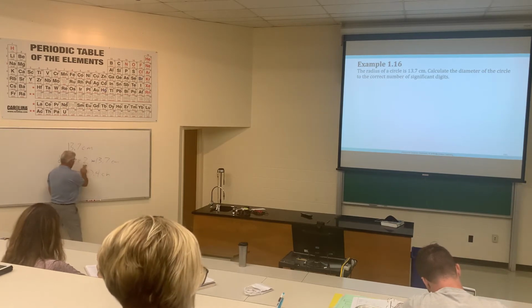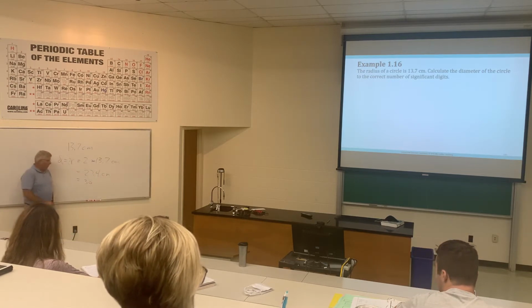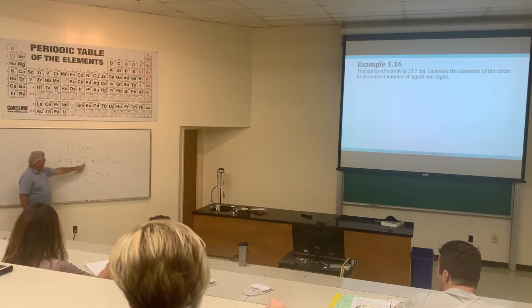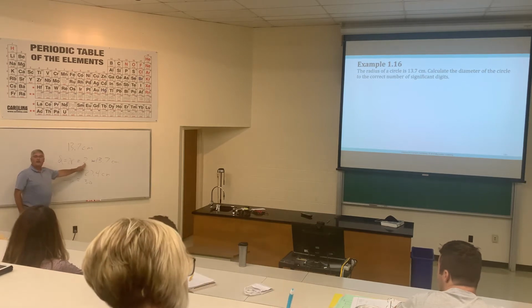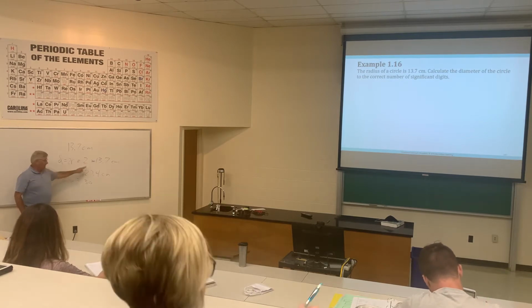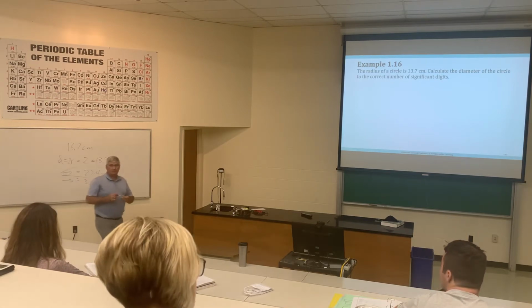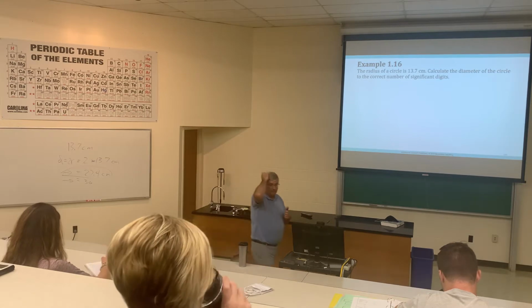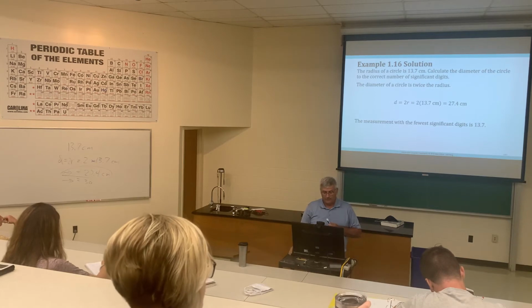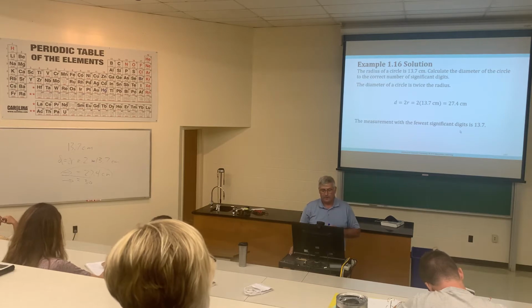Now, this only has 1 sig fig, so I would write this as 30. Or which one's correct? 27.4. The 27.4, because the 2 is a definition, isn't it? And so it has as many significant figures as I need. You have to be aware of that. So this is the correct one. I did it on purpose to make you guys think about it. Cool? The measurement with the fewest digits is 13.7, so we would keep those 3. All right.